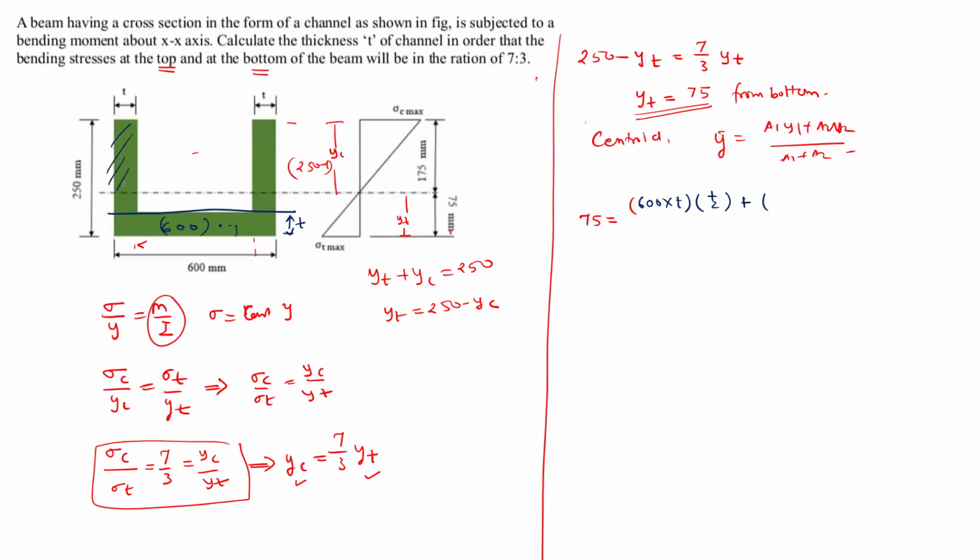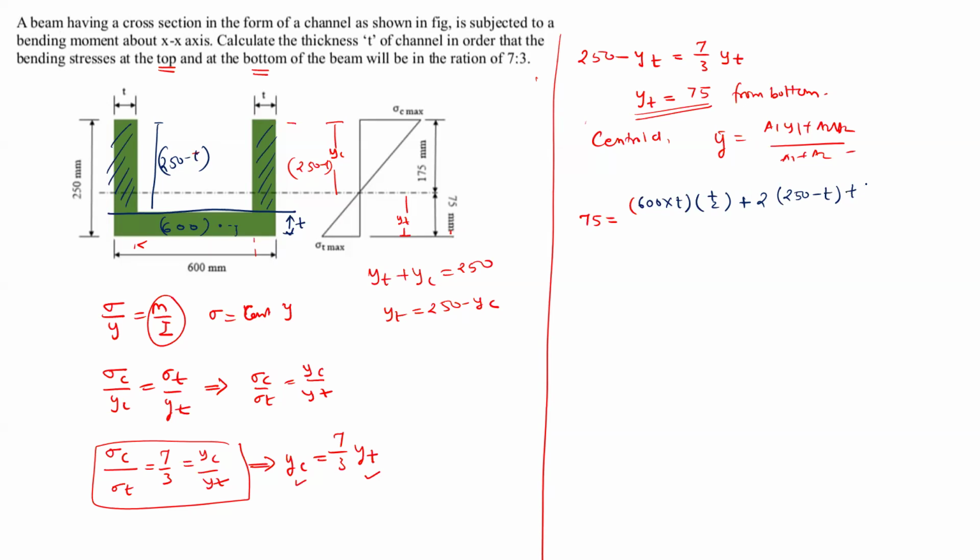Now this area and this area are the same. And what will be the height? 250 minus t. So I'll multiply by 2 itself. What will be the area? It is 250 minus t into t.